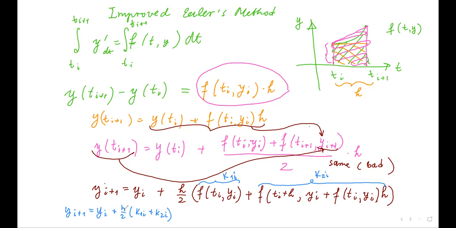This is the improved Euler's method. Now, guys, the improved method gives better accuracy. Accuracy of this method is h squared, so proportional to the step squared. So actually, if you change the step twice, you are going to improve it like 4 times in comparison to Euler's method.